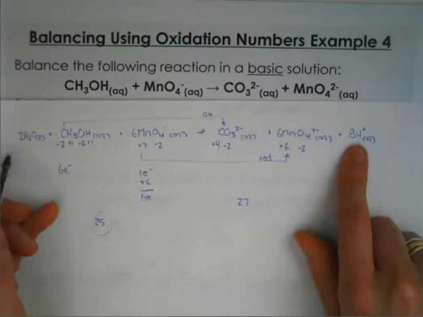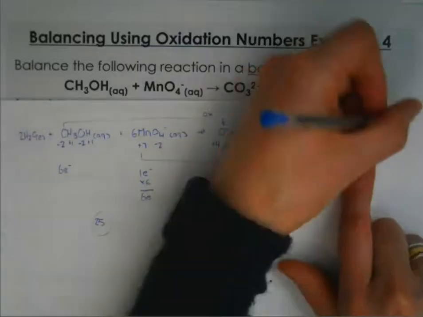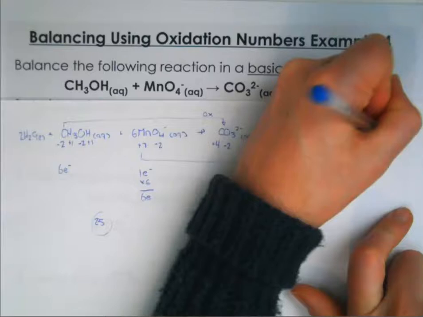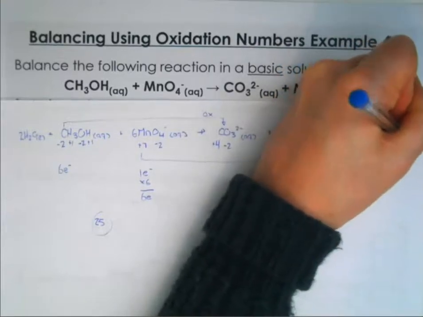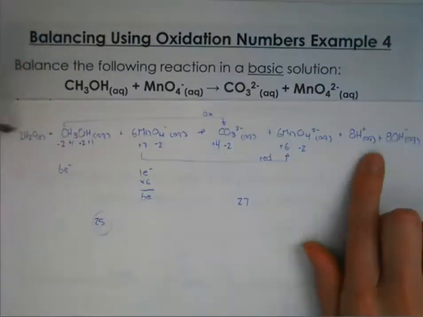Now remember that because we're in a basic solution, we need to balance out the number of hydrogen ions with the exact same number of hydroxide ions in order to maintain the fact that it's a basic solution. So just make sure you add them to both sides. So 8 OH minus.